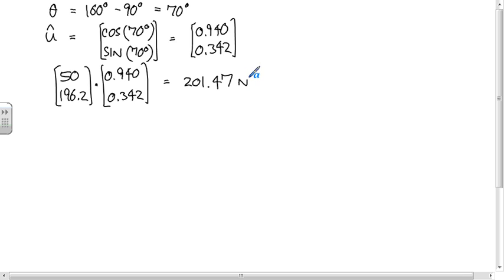Okay, newtons. So is that the normal force or the friction force? That's the normal force, yep. Are you sure you get that? It seems you have a 0.9 and a 0.3. Yes, they are switched. You're right, thanks.